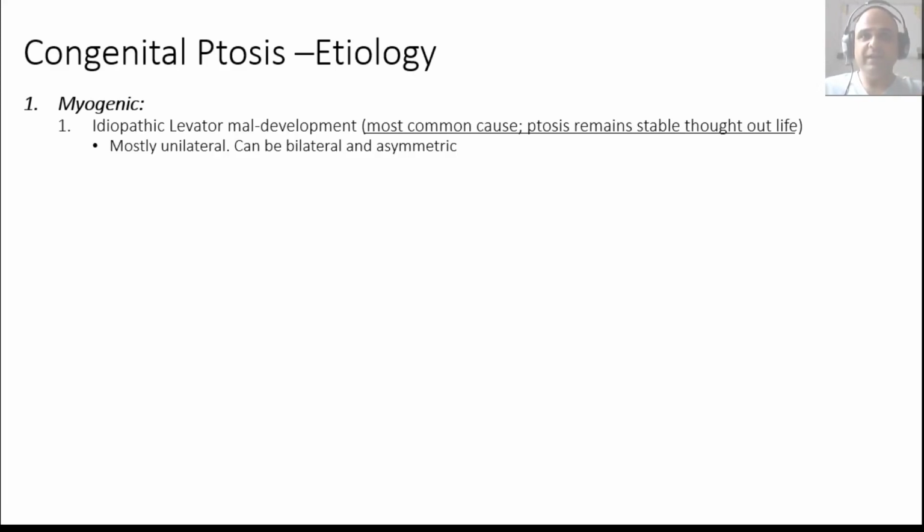If it is bilateral, it can be asymmetric. One eye can have more ptosis than the other. The telltale sign of this ptosis is that the amount of ptosis remains constant, because the amount of maldevelopment stays the same as long as the patient is alive.